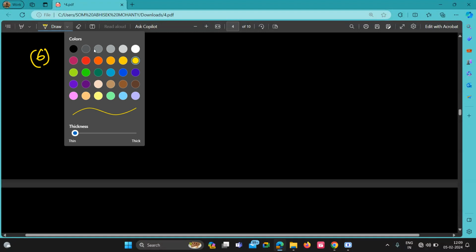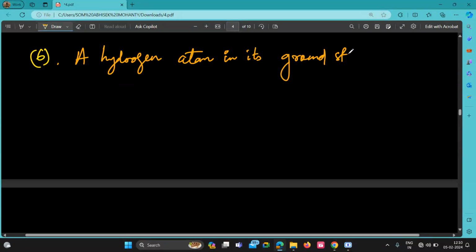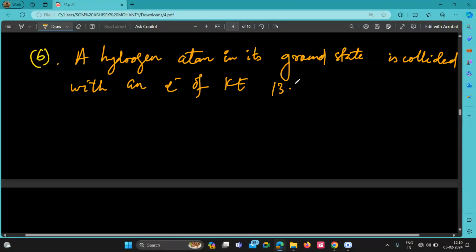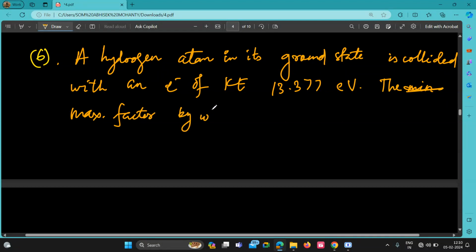Next question, question number 6. A hydrogen atom in its ground state is collided with an electron of kinetic energy 13.377 eV.